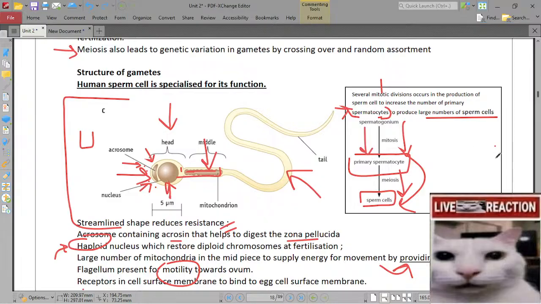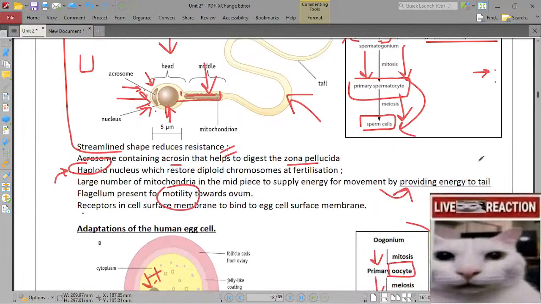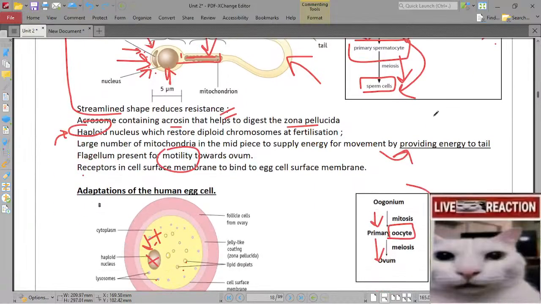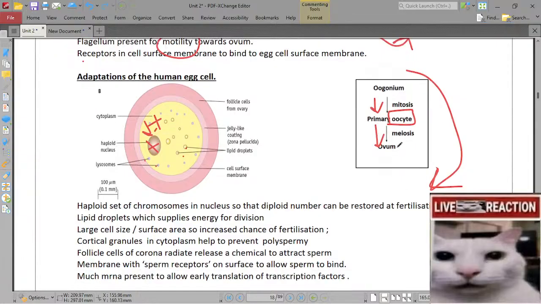So you have the oocyte and the spermatocyte. The spermatocyte is made from the spermatogonium, whereas the oocyte is made from the oogonium, right? So it should be pretty easy to remember. The only difference is this is an ovum and that is a sperm cell.